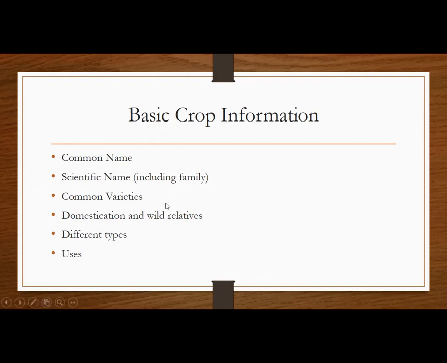What are the common varieties? This is where we can get general or specific. It's up to you guys. We could have multiple people do a project on corn, for instance, with someone focusing on feed corn and someone else focusing on sweet corn.